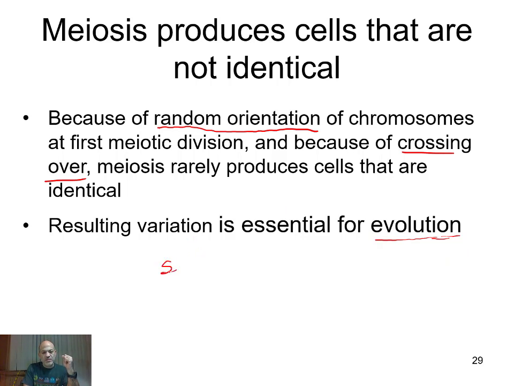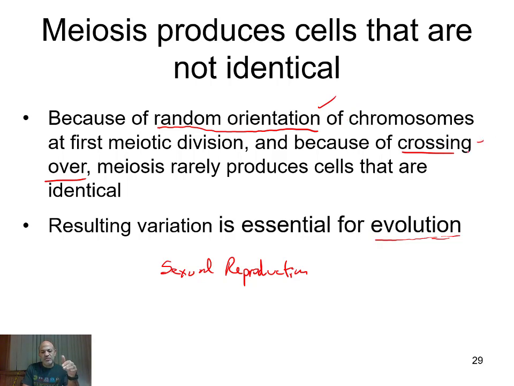Where is the importance of sexual reproduction? If it wasn't for sexual reproduction, then organisms would basically be making clones. There would be no promotion of genetic variation through the random orientation of the chromosomes and crossing over.